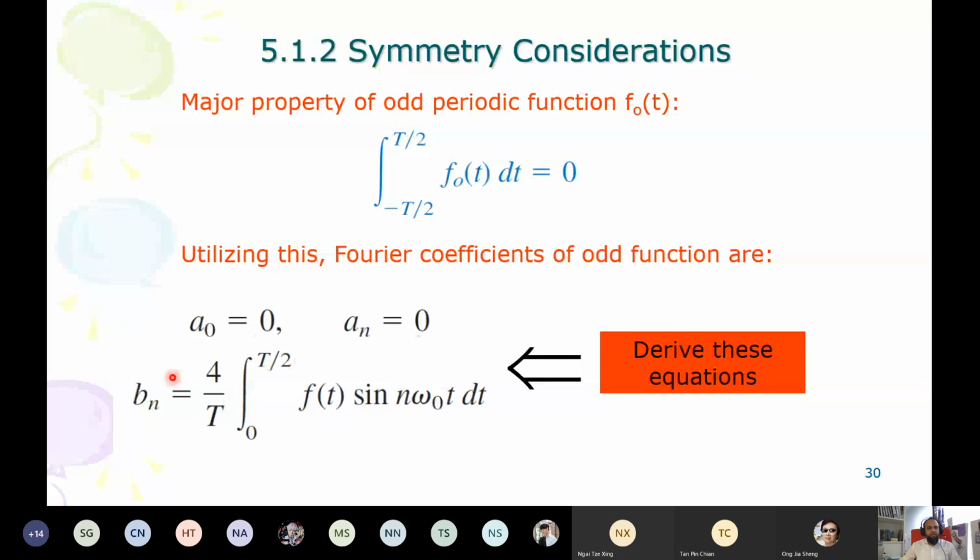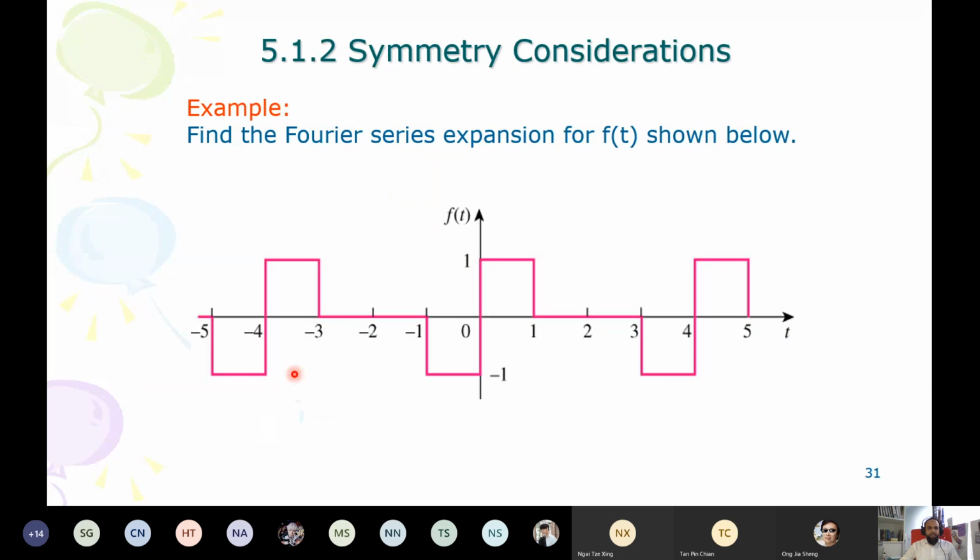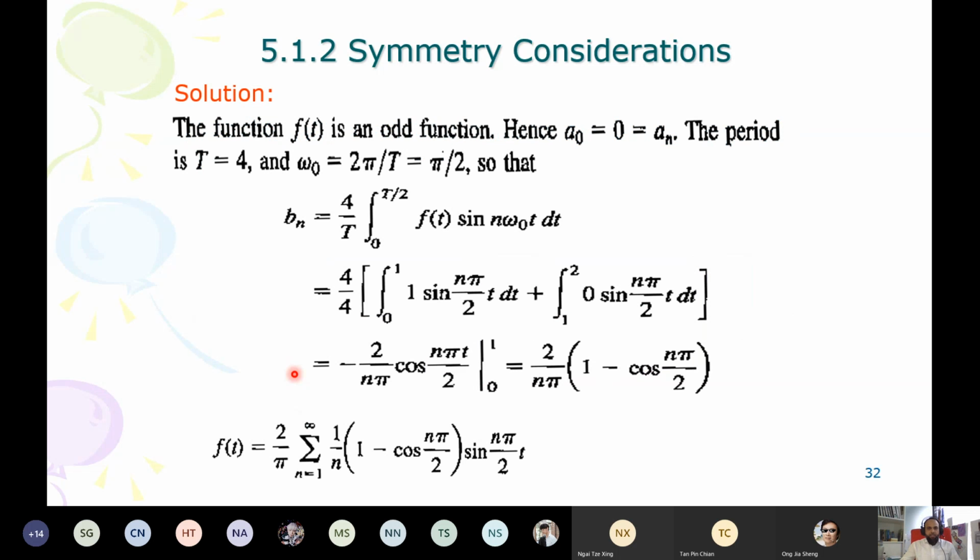We just need to find bn, again 4 upon T, and we just keep it like that, over half the period. Okay. So this one is the Fourier series expansion for f(t). I'm not doing it in detail, but we know that for this a naught is 0 and an is 0. We just need to find bn only.